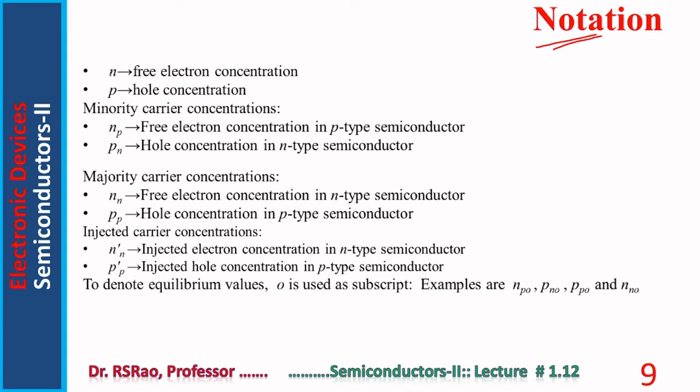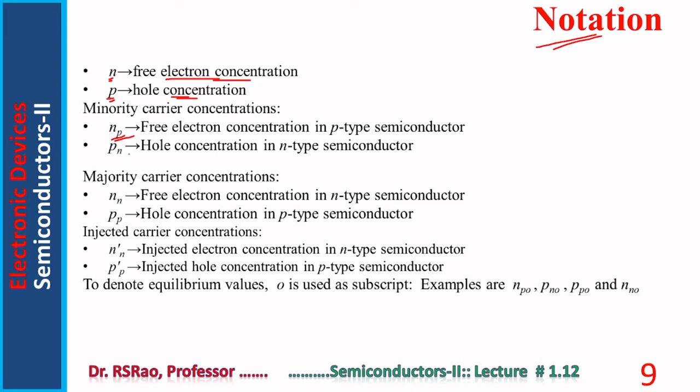So notation. n is used to denote free electron concentration. p is used to denote hole concentration. n_p means electron concentration, free electron concentration in P-type semiconductor. p_n stands for hole concentration in N-type semiconductor.